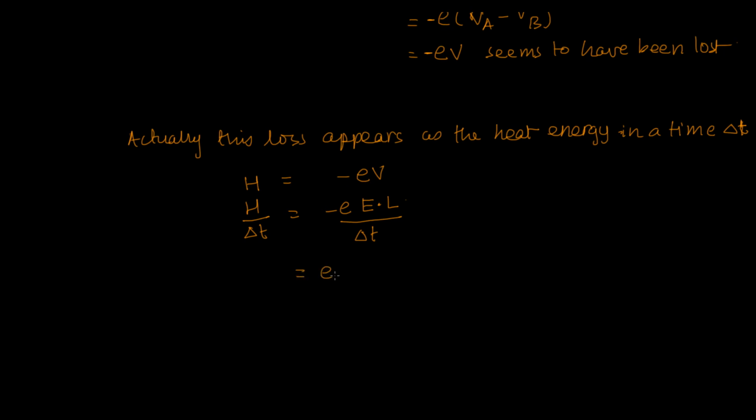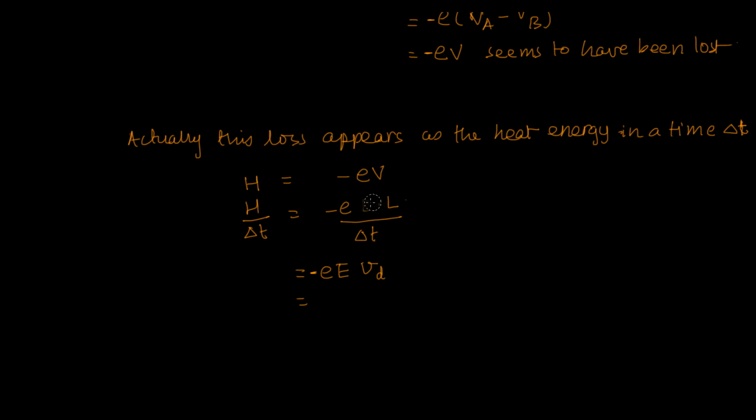So it is minus E into Vd. But I should not have converted, say, E is equal to V by L, EL is equal to V, so I should not have converted this in the first place.